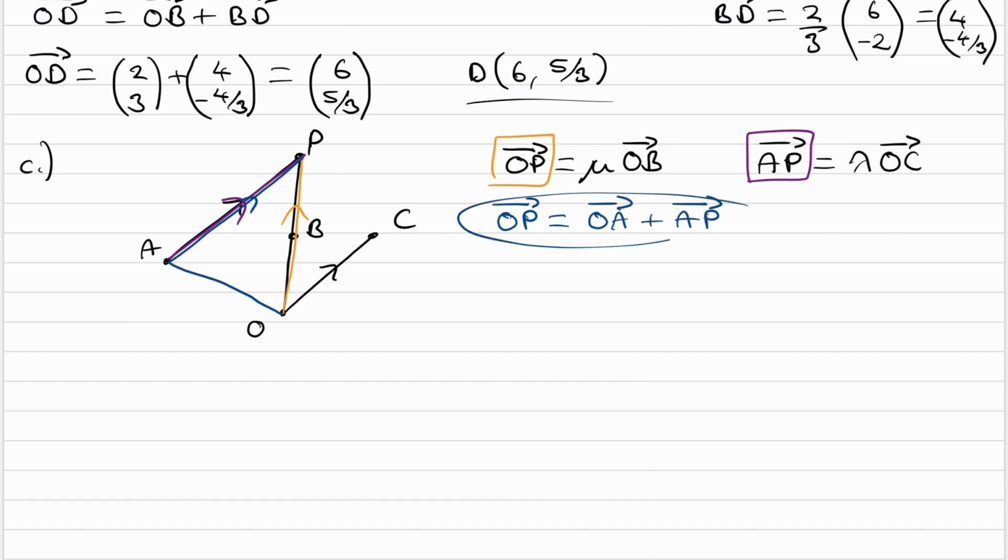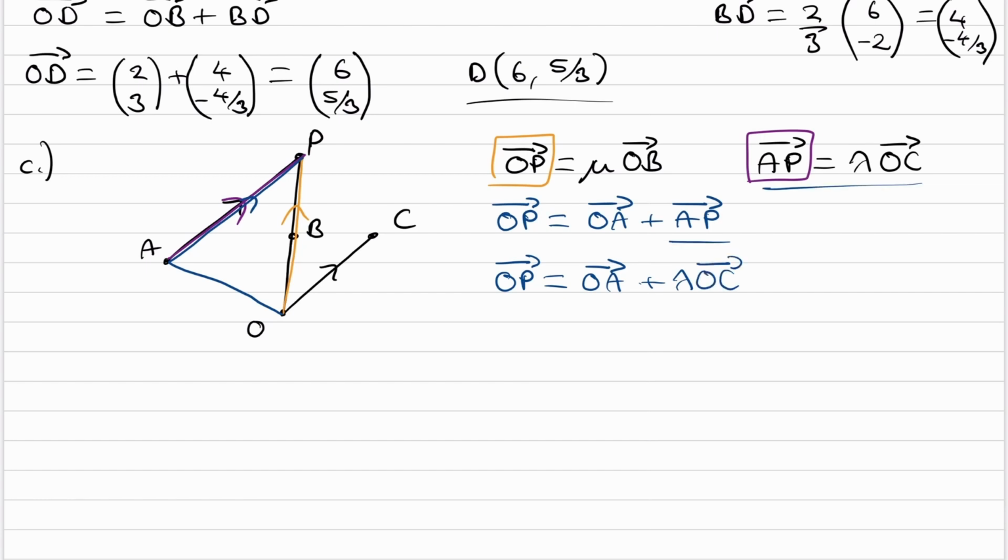This is another path that takes us from O to P, in contrast to the direct orange path that takes us there. The blue path, we can write this in terms of lambda, because A to P is just lambda OC.